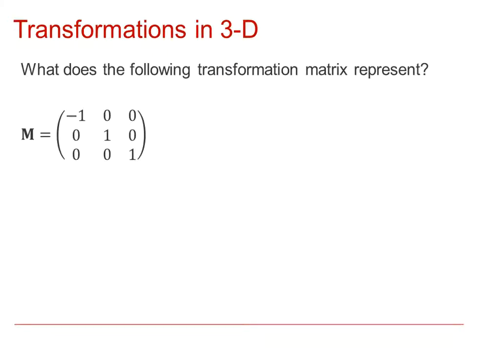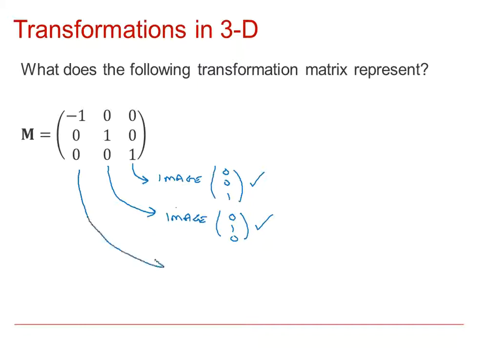So if we look at this little example, here's our three-dimensional matrix M. If we start looking at the Z column perhaps, this column here is telling me the image of one unit along the z-axis, and you can see that it is exactly the same. This column here is the image of one unit along the y-axis, 0, 1, 0, and it's exactly the same. It's the first column that's the interesting one.